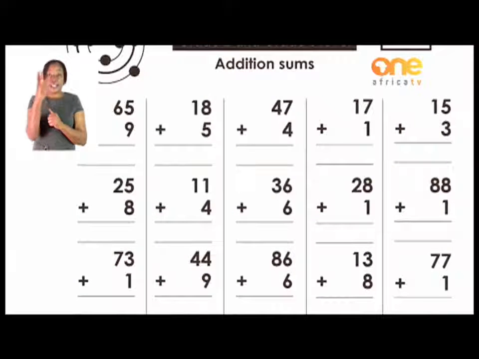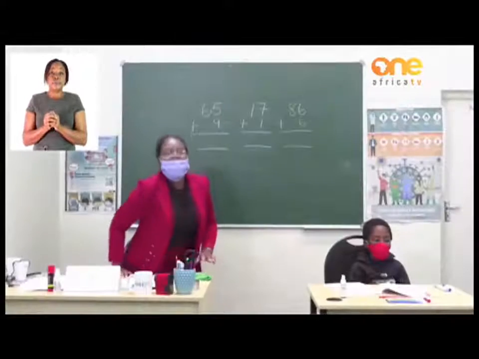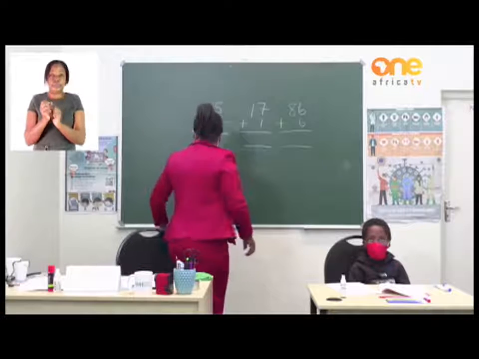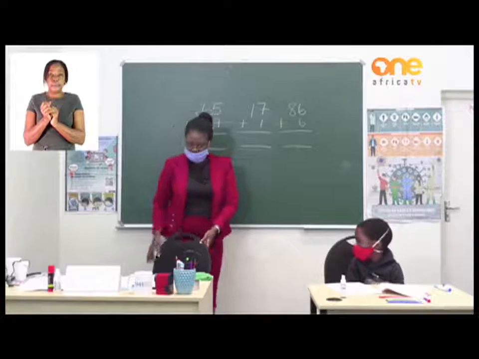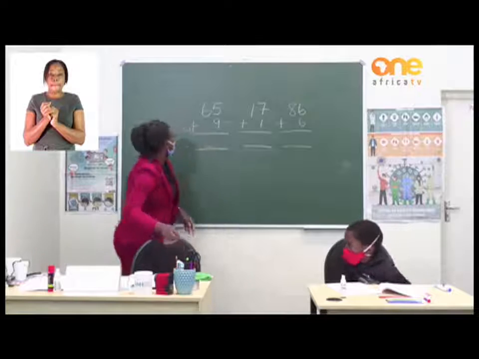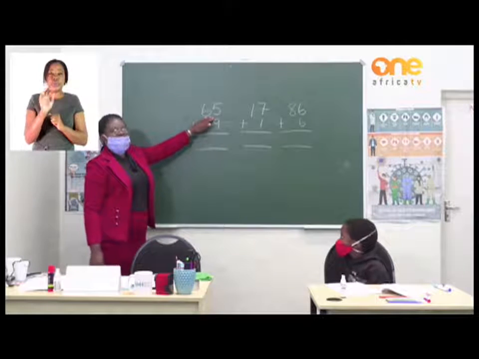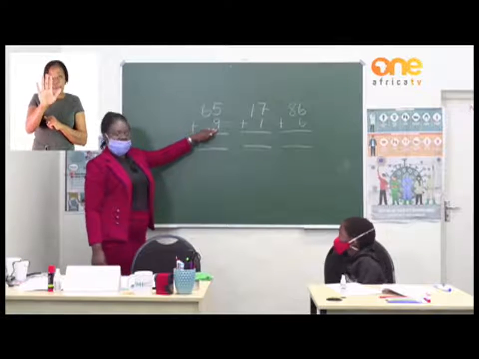Okay, so on page 7, with the grade 3s, we are going to do the additions and the subtractions. All right, let me give you the first one. We do it together. Let's go to the chalkboard and do the first one together. That is 65 plus 9.